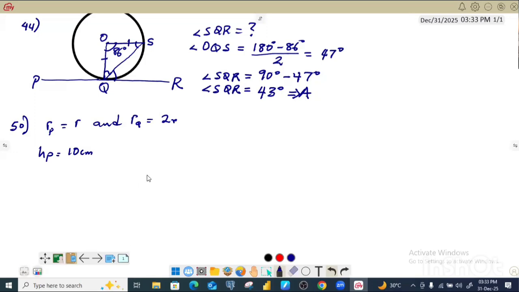The only thing that will be equal here is the same quantity of water, which is volume. So we want to know what will be the height in Q. Now let's look for the volume. What's the volume of the cylinder?